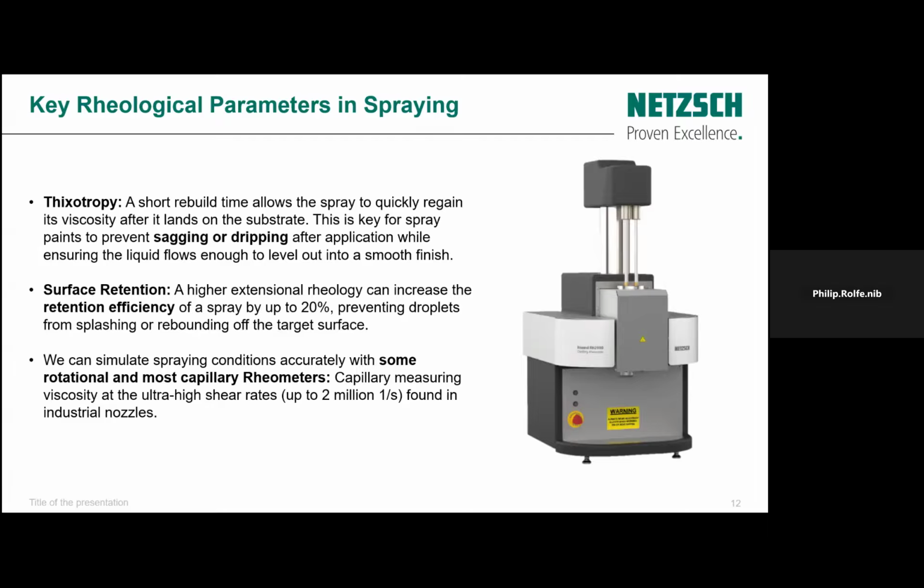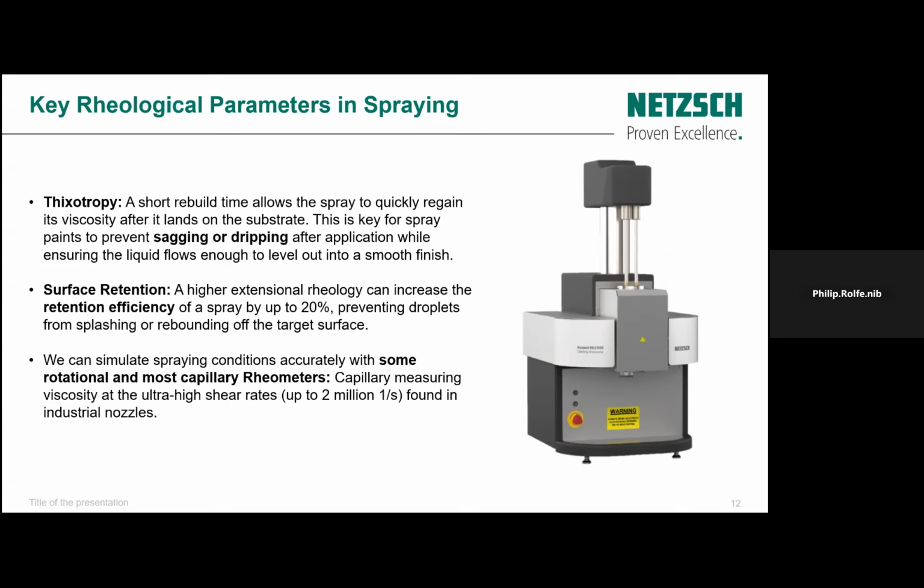We could have good surface retention, and maybe even look at the surface tension to keep the sample from soaking into the liquid or to wet the surfaces out. So we can see the storage conditions and some spraying conditions with rotational. We can look at the high shear with the capillary, even up to 2 million reciprocal seconds easily.